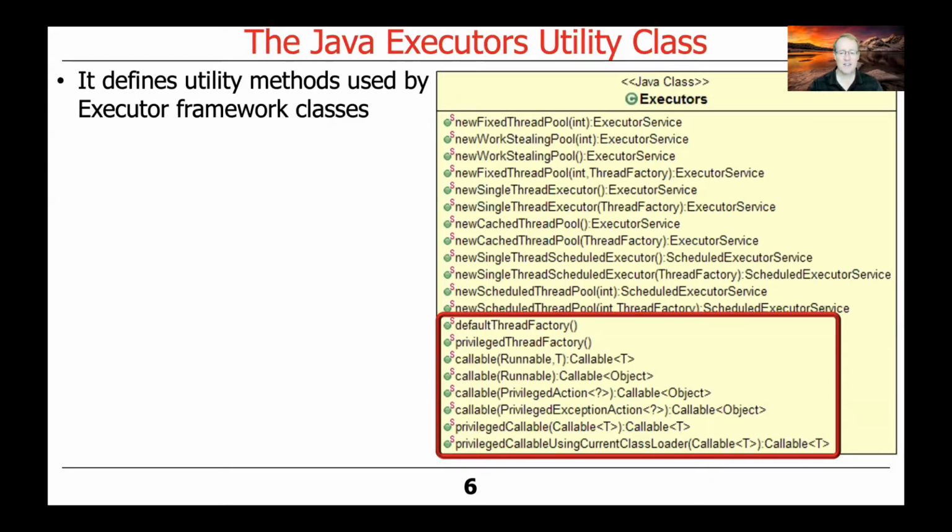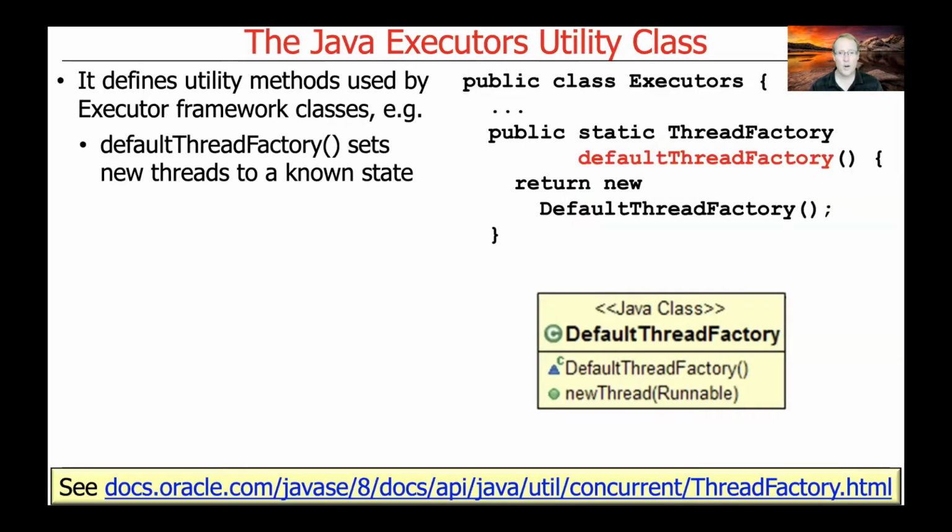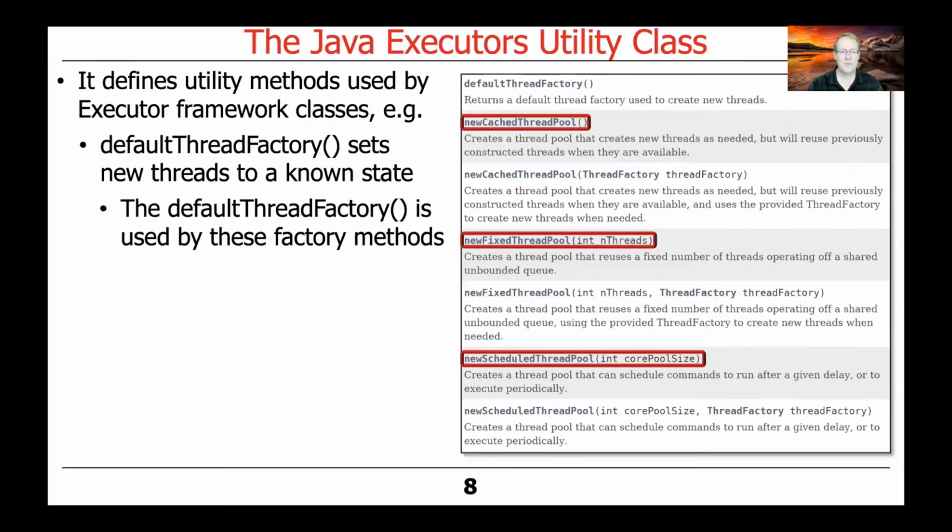So the utility methods are things like what I've shown here, highlighted in the red box. One example of a common utility method is the default thread factory, which sets the new threads that are created as part of a ThreadPool to some known state. By default, it makes a default thread factory that just makes a normal good old thread.